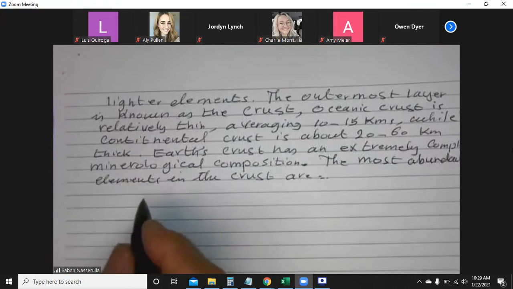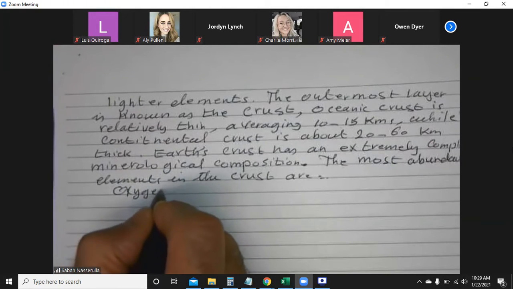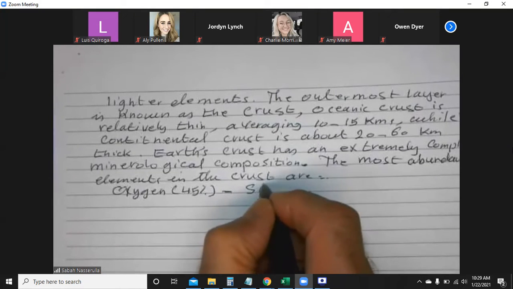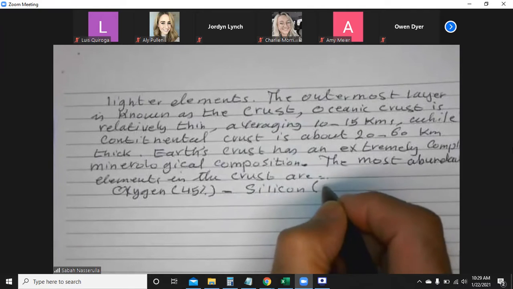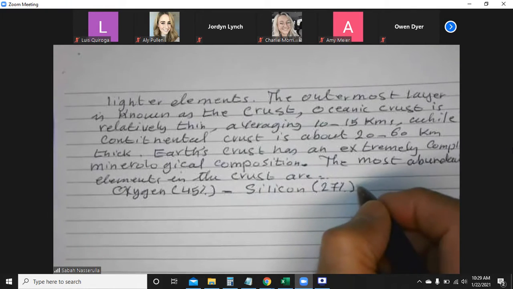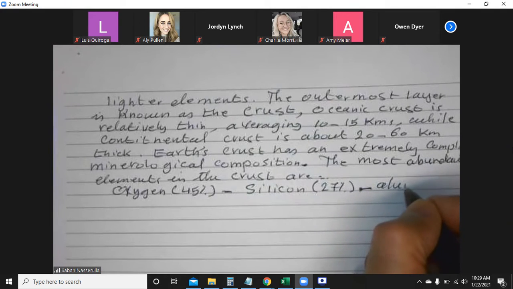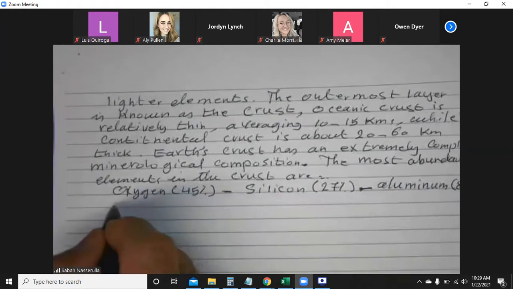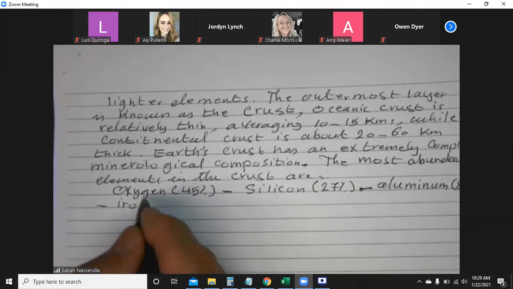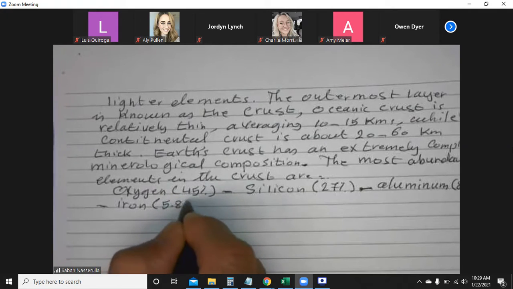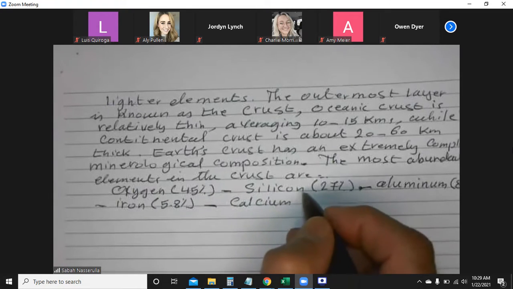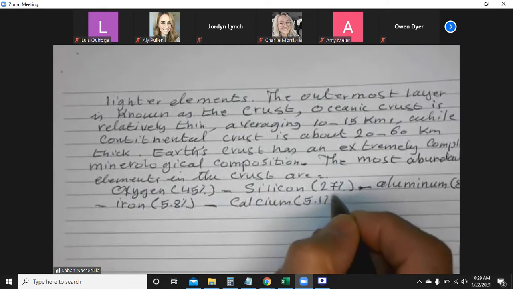We have oxygen, about 45%, silicon, about 27%, aluminium, about 8%, then we have iron, about 5.8%, calcium, which is about 5.1%.